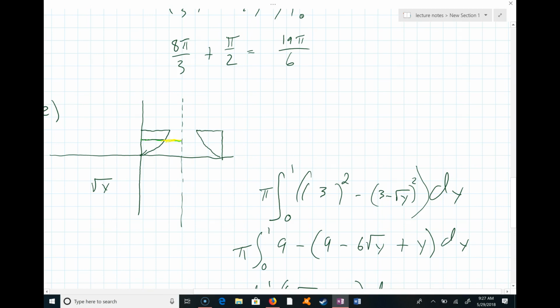So then you have 9 pi minus the inner area. If you're using x squared, then you're stacking things like this.